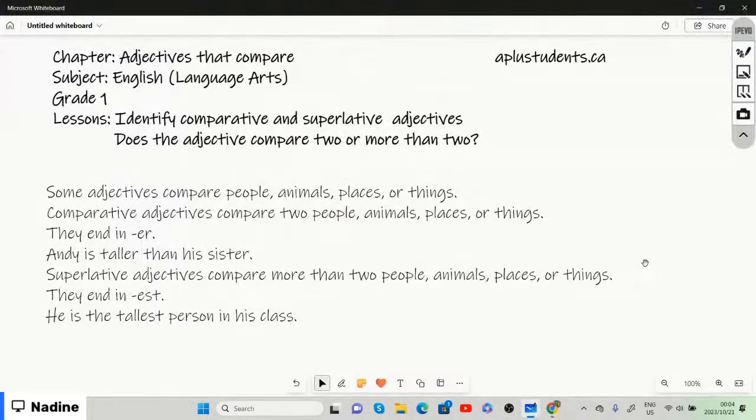Our subject is English language arts, grade 1, and the lesson we are focusing on is to identify comparative and superlative adjectives, as well as whether the adjective compares two or more than two. So we are going to continue the lesson on adjectives that compare.